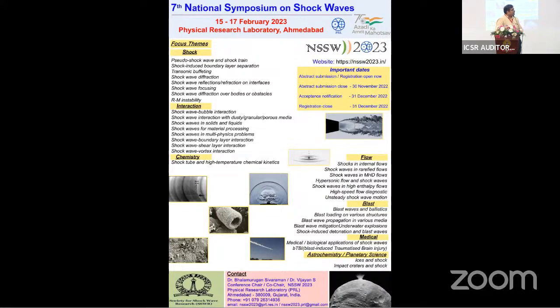We'll be having our national shockwave symposium, which is going to be organized by PRL in Ahmedabad, and the announcement is already out for this symposium, and we are seeking abstracts. This is also co-hosted by the Society for Shockwave Research India, and we will be looking at all the themes on shockwaves, high-speed flows, application of shockwaves, industrial applications, medical applications, and so on.